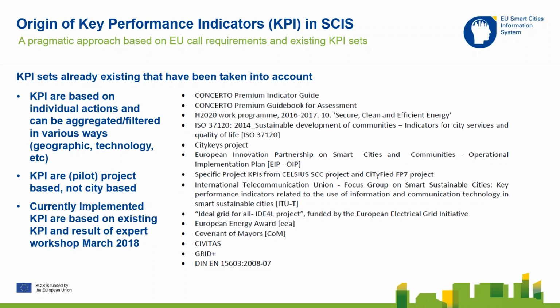Which is on sustainable development of communities and indicators for city services and quality of life. So that is very wide. We've talked to people involved in that. They say themselves it has resulted in a list of 400 indicators, and actually not many people are very happy with that.